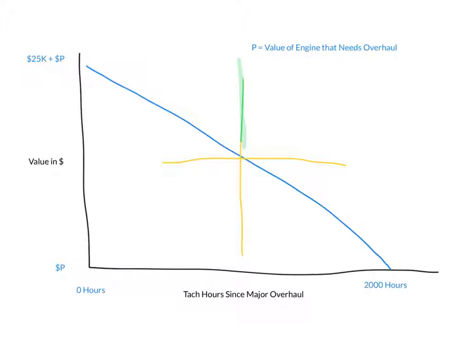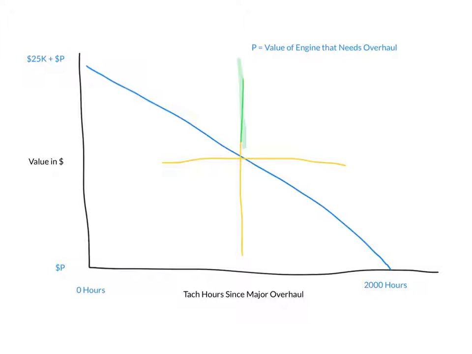So the point below the yellow horizontal line is the value remaining on the engine. The point above there, up to the $25,000 plus P value, is accumulated cash. All right? And this pattern is here throughout the life of the engine.